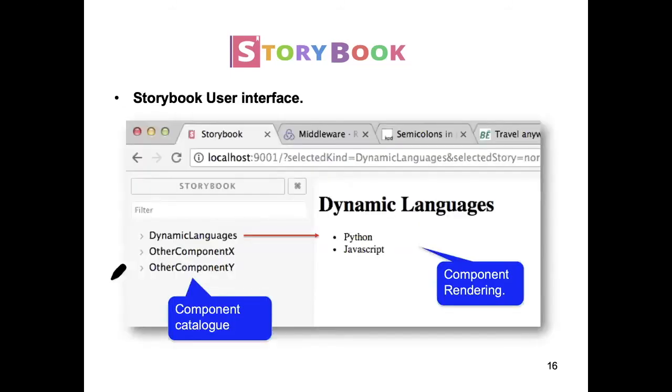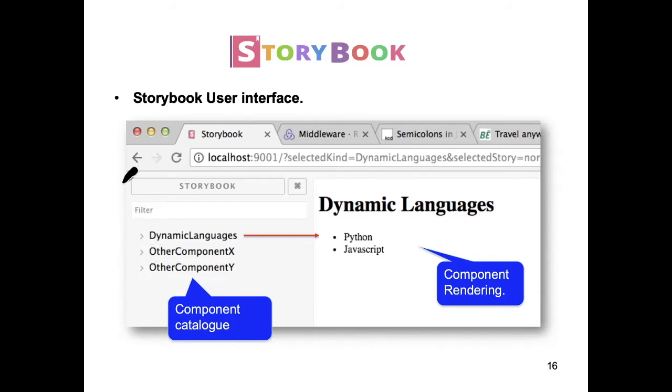When you start up the Storybook server, what it does is it looks through your code base and finds all of your components, and you've got to tell it where the components are, what folder they are contained in, in a small configuration file. It finds all of those components, reads through all of the component files, and displays all of your components on the left-hand side.